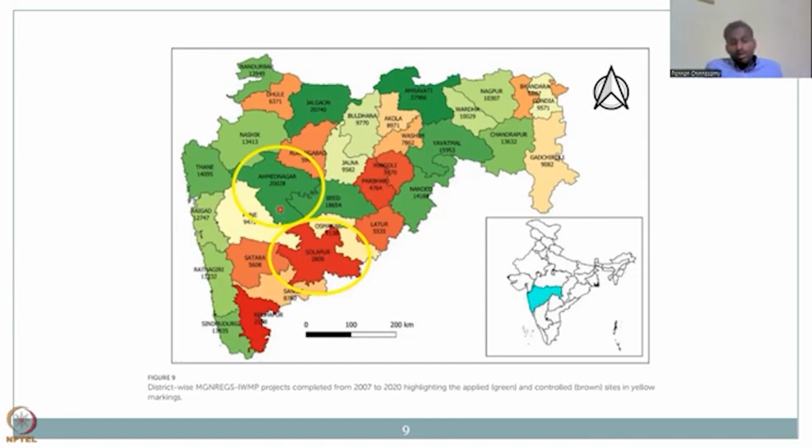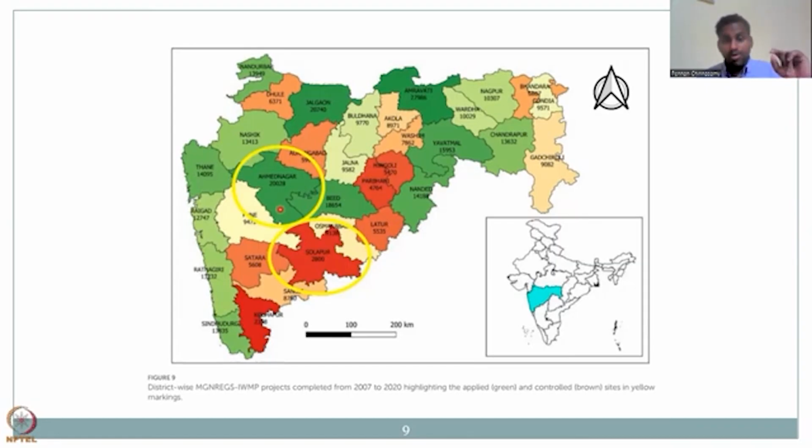What you could see here is that Ahmednagar and Solapur are very similar in geological and environmental conditions, which is very important to have. You cannot take two very different study areas. It has to have some commonality. The rainfall, temperature, slope, and gradient are all the same between Ahmednagar and Solapur.